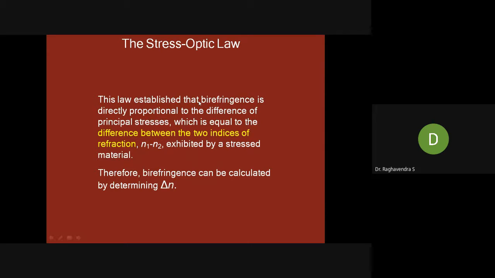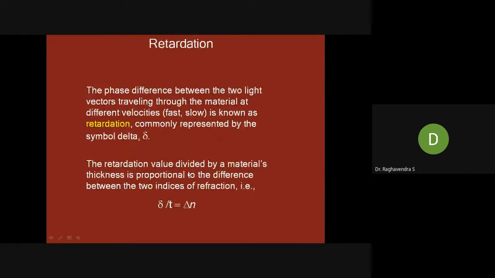This law established that birefringence is directly proportional to the difference of principal stresses, which is equal to the difference between the two indices of refraction, N1 minus N2, exhibited by a stressed material. Therefore, birefringence can be calculated by determining delta N. There is an equation for this.